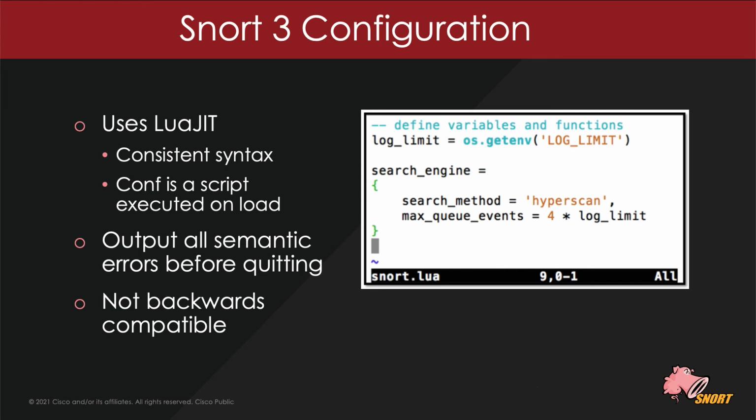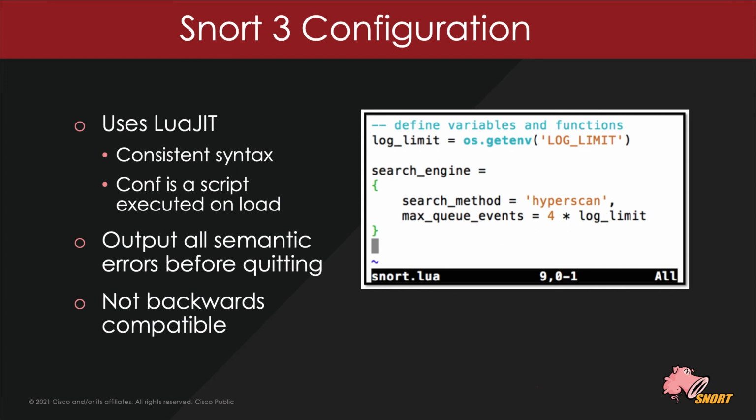So this is dynamically grabbing that data when Snort loads and configuring a parameter in Snort based on something dynamic in the environment. It also outputs all the semantic errors before quitting, whereas Snort 2 would just output one error and then quit, and then if you fixed that error and started it up, it would output another error and quit. This will output all the errors, so you get a chance to look at all of them before you try to restart Snort again.